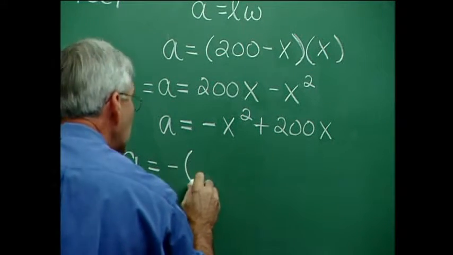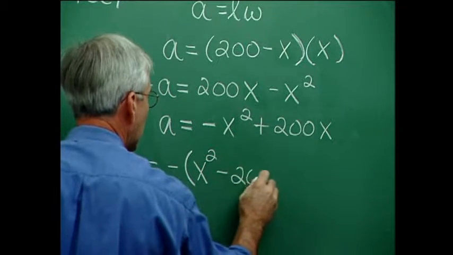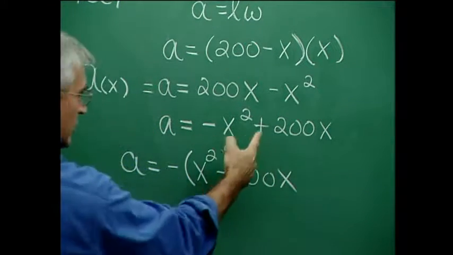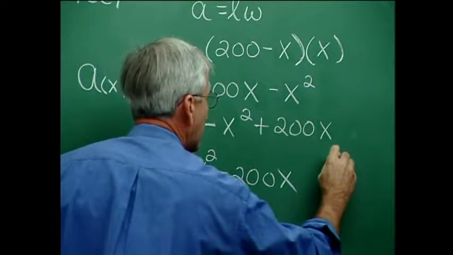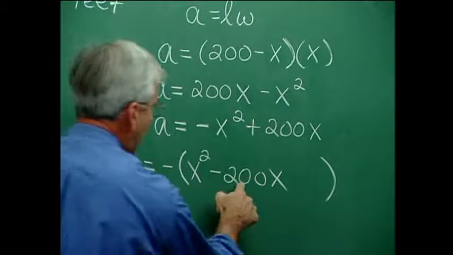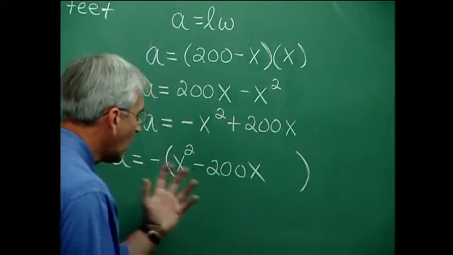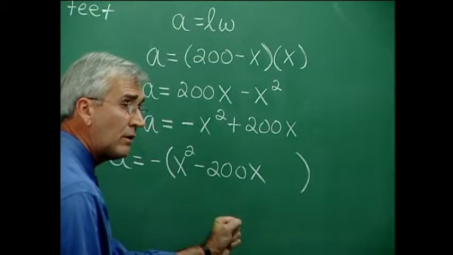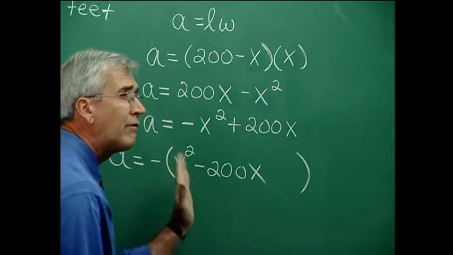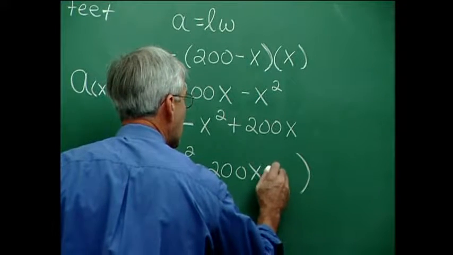So it's negative, and now x squared, and then minus 200x. Notice it just served to change the signs. And then a blank, and then a blank out here. All right, half of 200, or half of negative 200 if you will, is negative 100. Negative 100 squared, a 1 followed by 4 zeros, 10,000. So I'm going to add 10,000 here.